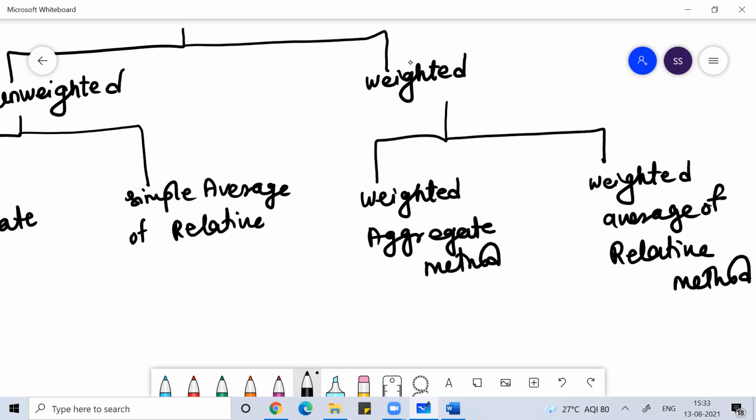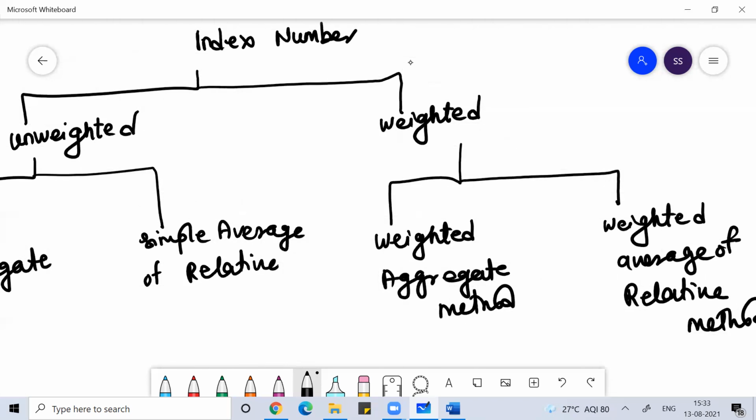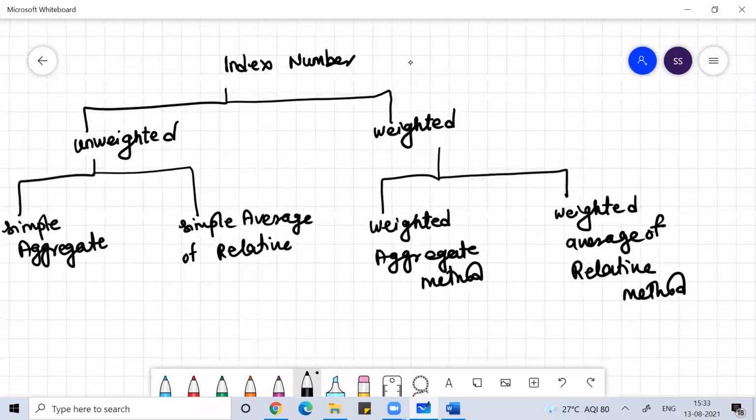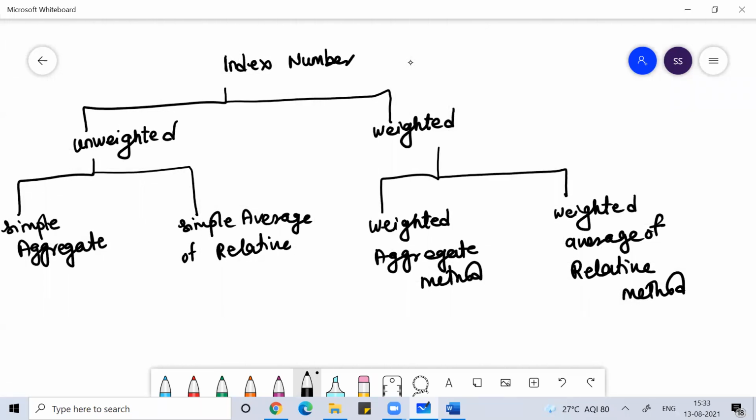So when we are studying index numbers, they can be unweighted or weighted. Unweighted can be the simple aggregate method or the simple average of relative method. When it comes to price, we'll say simple price aggregate method, simple average of price relative. Weighted would be the weighted aggregate method, or the weighted average of price relative method.